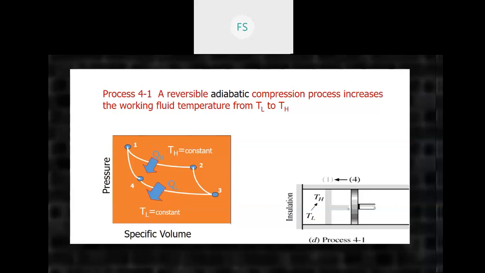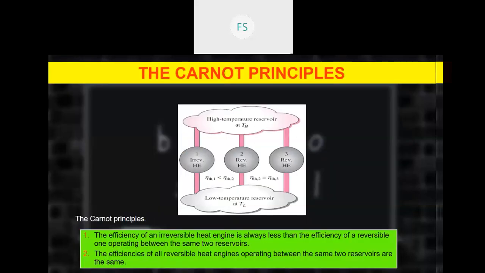Okay, so that's the 4 processes in the Carnot heat engine. So here they have 2 principles for the Carnot heat engine. The first one: the efficiency of an irreversible heat engine or real heat engine is always less than the efficiency of a reversible one or ideal one operating between the same two reservoirs.